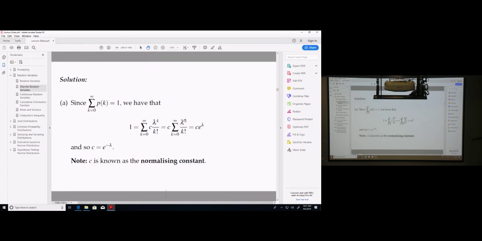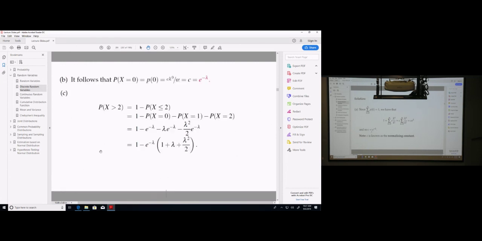As a result, I can simplify this entire sum into one single expression, e to the power lambda. And so to solve for C, I divide e to the power lambda on both sides. So I have this. And now once it is done, then everything would be fine.